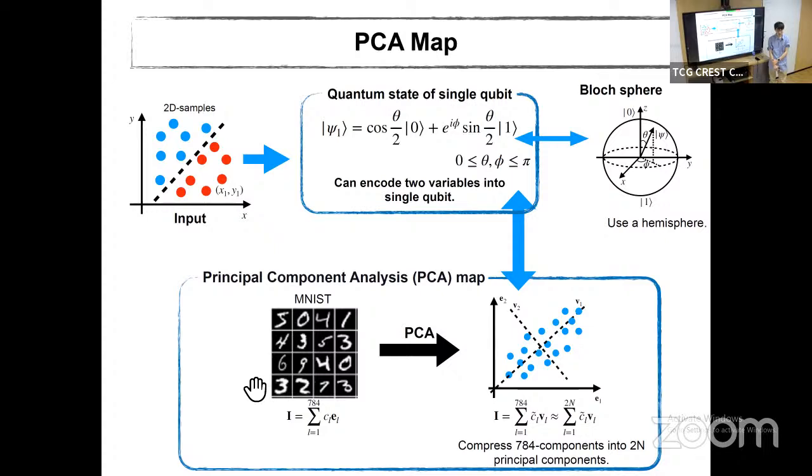So my question is how does a zero image, which has no intensity, get reflected in the final outcome? Sorry, the initial state.